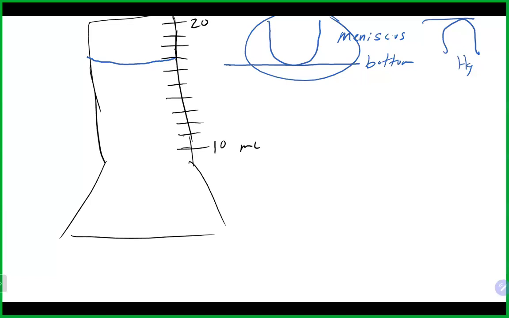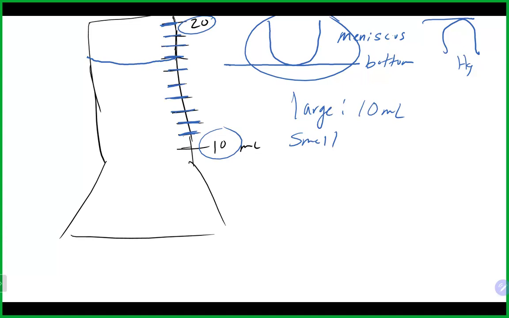But coming back to this, again, if we look at our large numbers here, we have a 10 and a 20. So each of our large numbers, the difference there is 10 milliliters in this case. When we look at our small markings, again, starting to count here, 1, 2, 3, 4, 5, 6, 7, 8, 9, and 10.